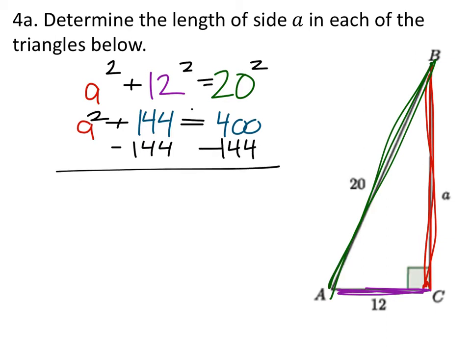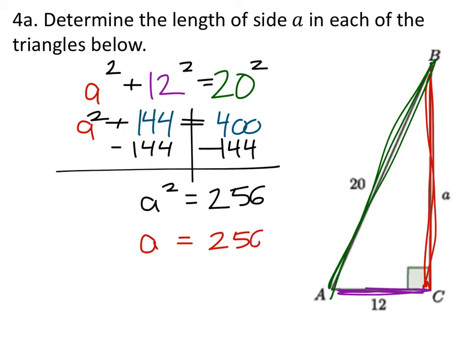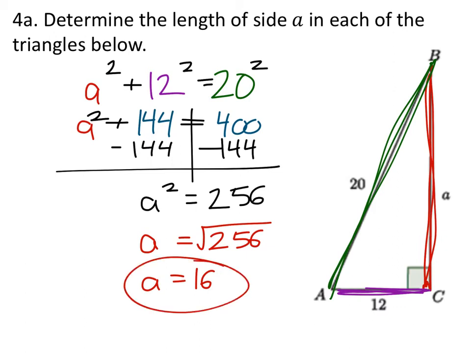And that gives me a squared equals 256. But that's the area of that square. What I really want then is the side length a. So I'm going to take that area, 256, and square root it. And if I plug that in the calculator, it comes out as an even 16.